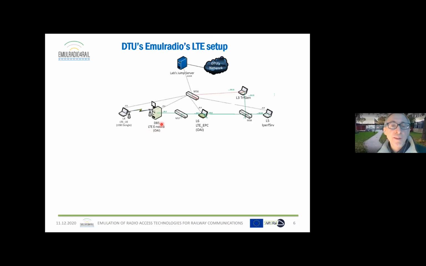In our setup, the eNodeB is based on release 8 of LTE and working in band 7. This is 2.6 gigahertz, and the bandwidth, the width of the channel, is 10 megahertz.